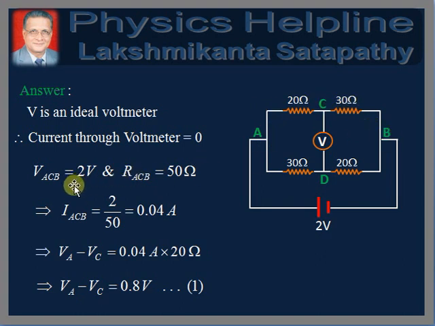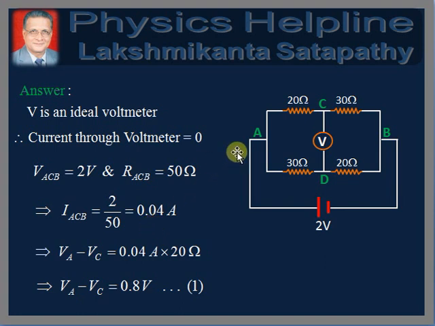So we write VACB is equal to 2 volts, and the resistance of the upper arm RACB is equal to 20 plus 30, which is equal to 50 ohms. Therefore, current through the upper branch IACB will be equal to voltage divided by resistance, 2 divided by 50, which is equal to 0.04 amperes.